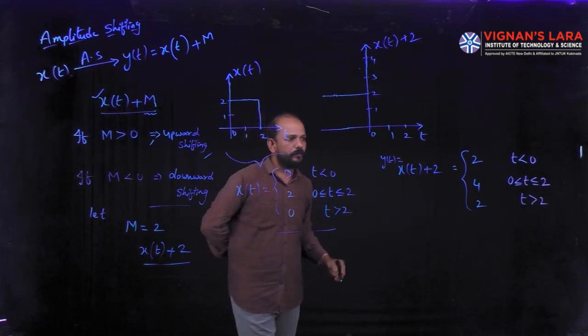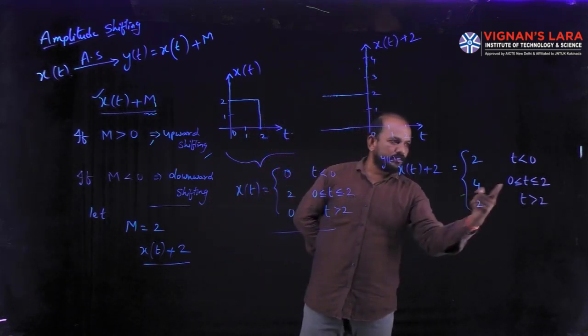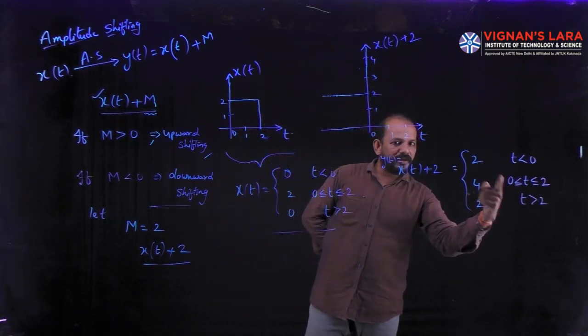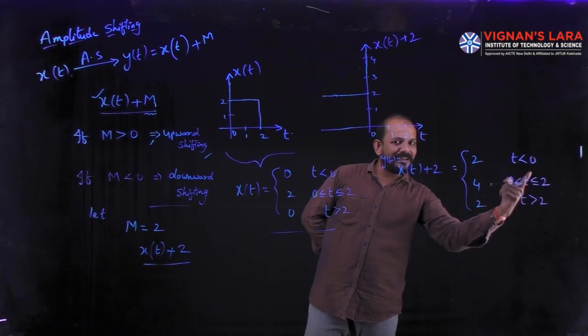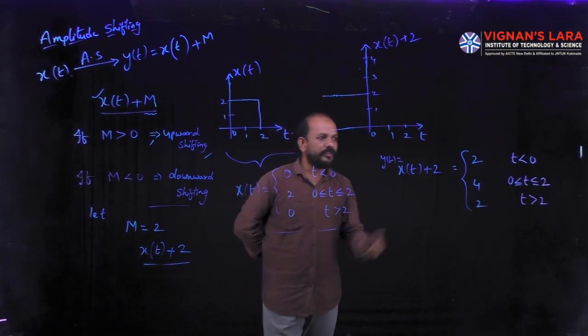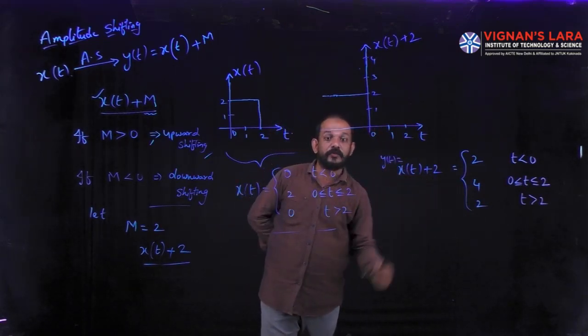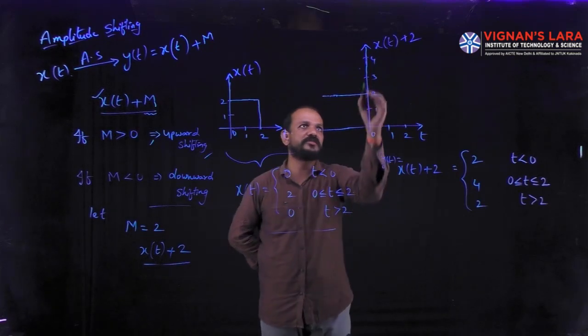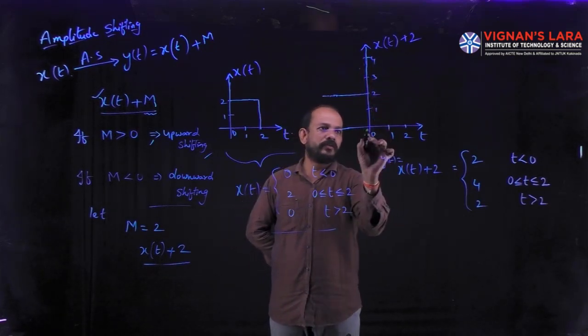Between 0 and 2, that is t equal to or greater than 0 and equal to or less than 2, the value of x of t plus 2 is 4. The amplitude shifted version is 4, from 0 to 2.